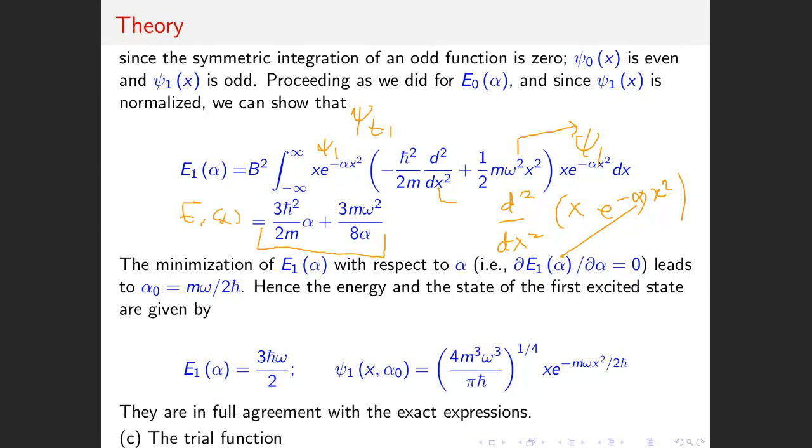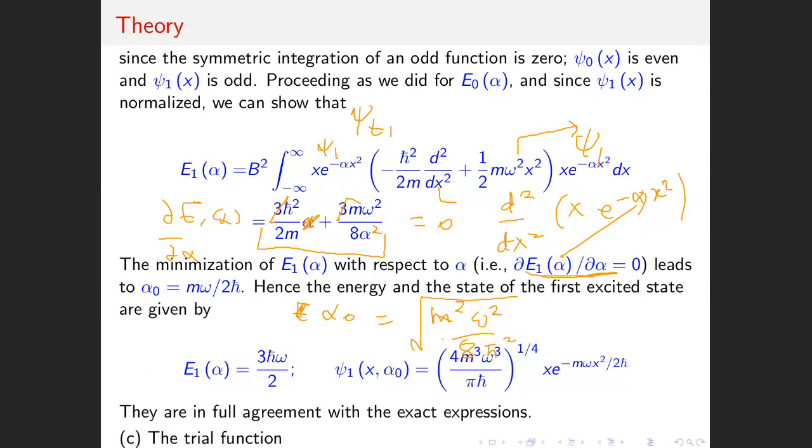Then you try to minimize them with respect to this alpha. So you get alpha 0 by d over d alpha. You solve, which I didn't write down. But once you have solved for it, I think that the 3's cancel, alpha 0 might be m squared omega squared over 8 h bar squared, maybe with a square root.